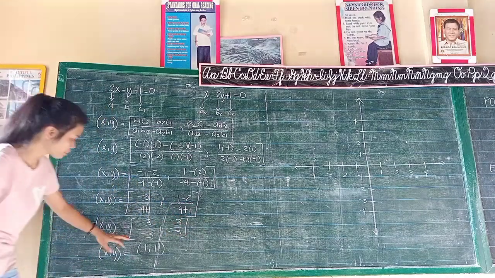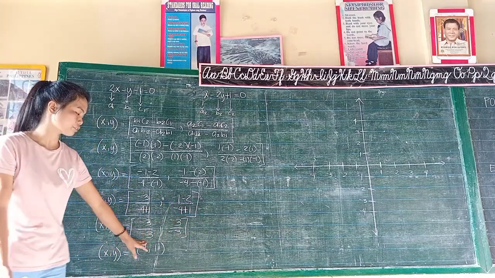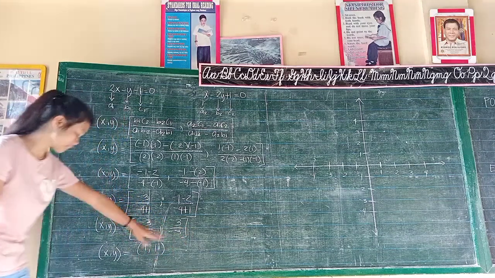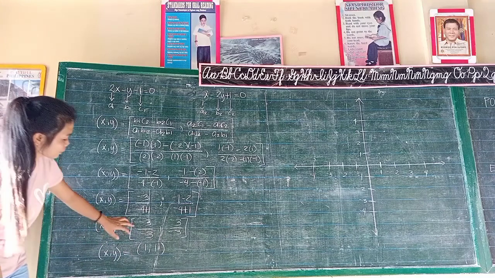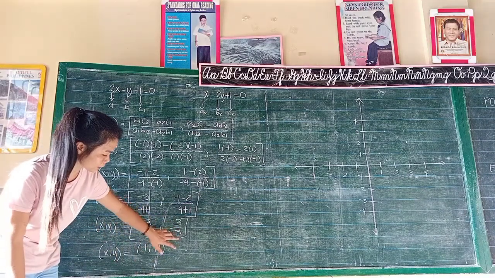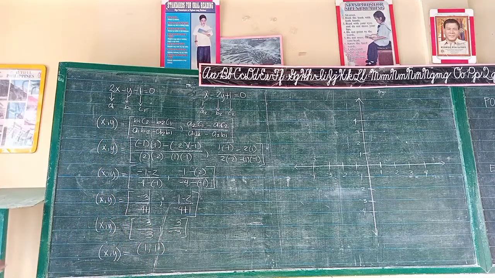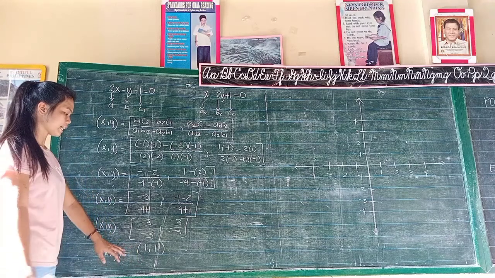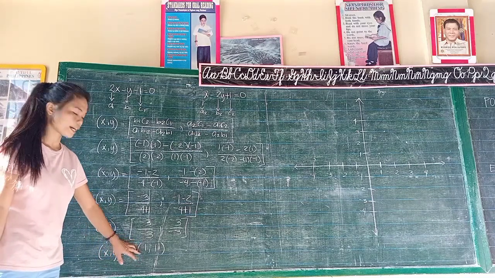So this becomes negative 3 over negative 3 and negative 3 over negative 3. Negative 3 over negative 3 equals 1, and negative 3 over negative 3 equals 1. So, the two lines intersect at the coordinates 1 and 1.